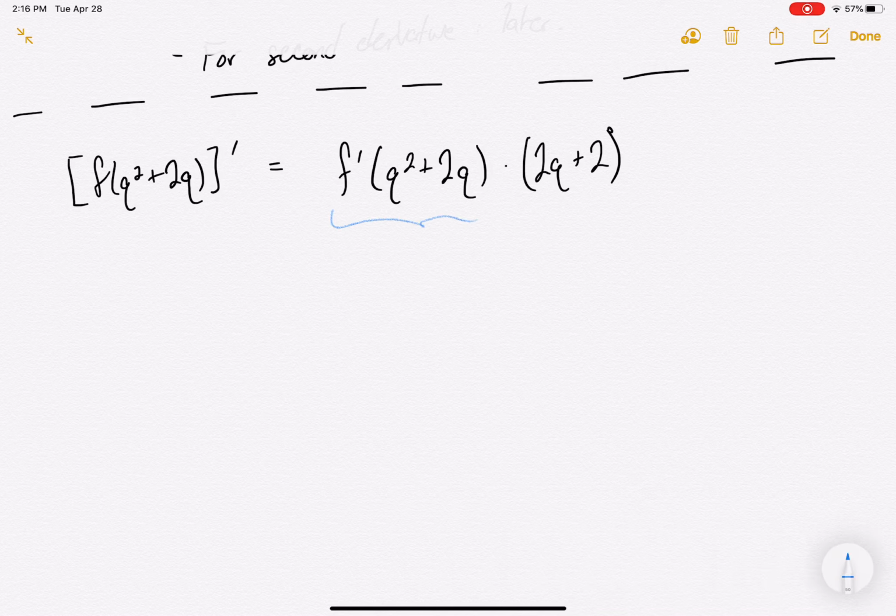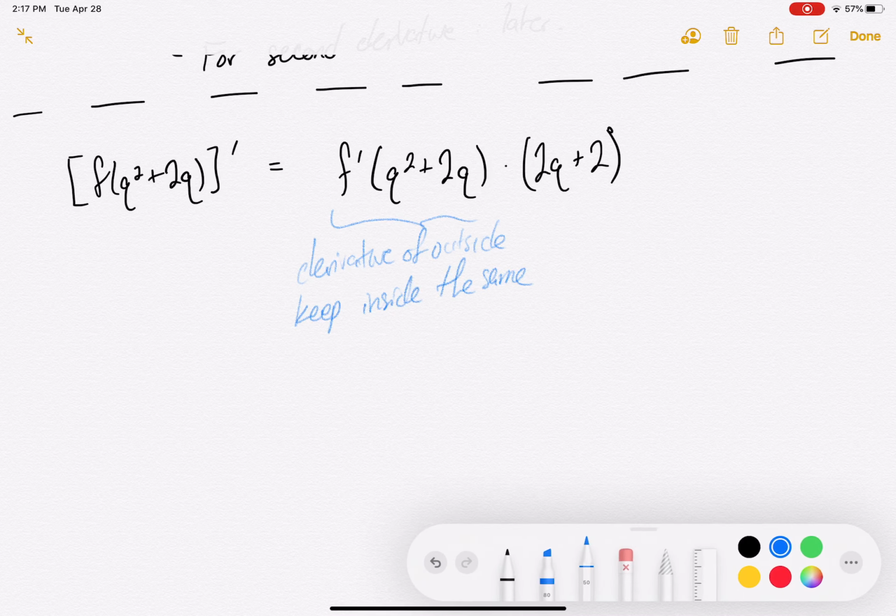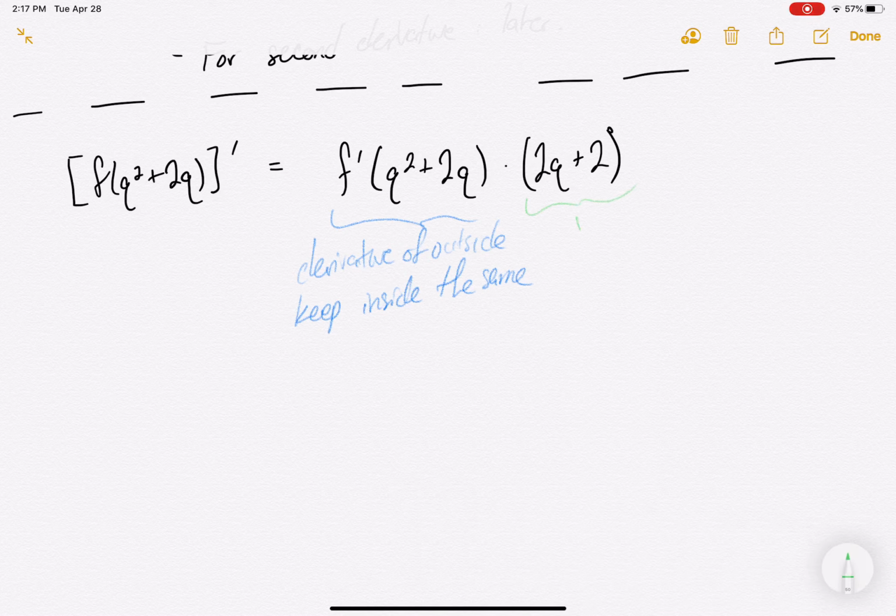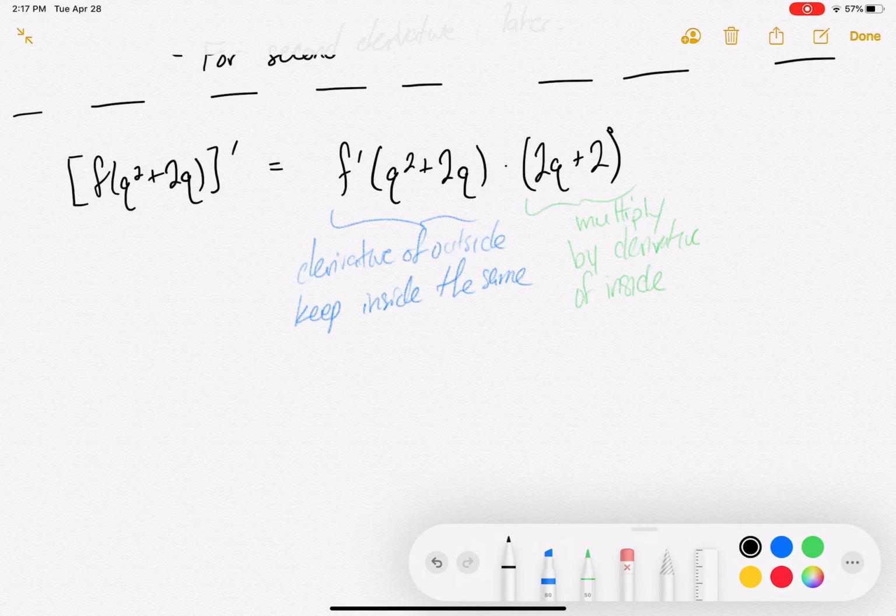So this is derivative of the outside, keep inside the same, and multiply by derivative of the inside. Okay, so that's pretty easy, right?